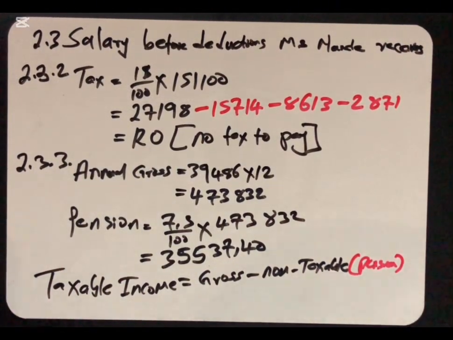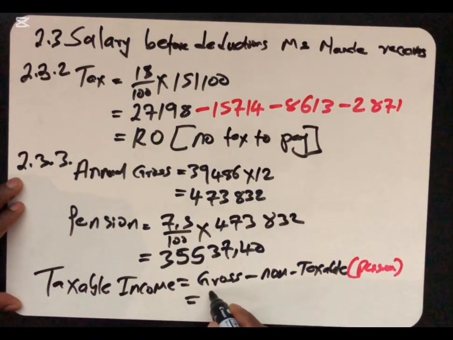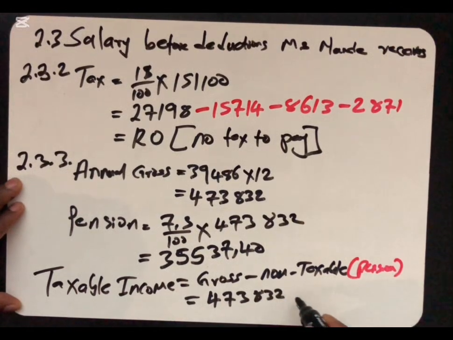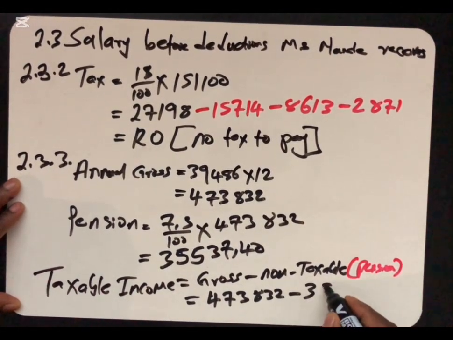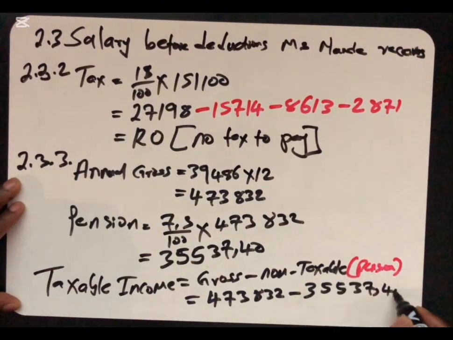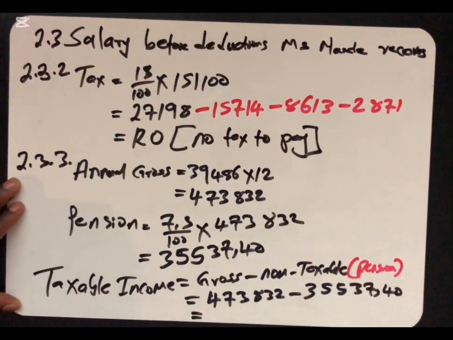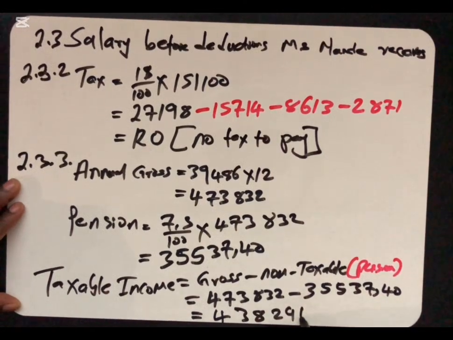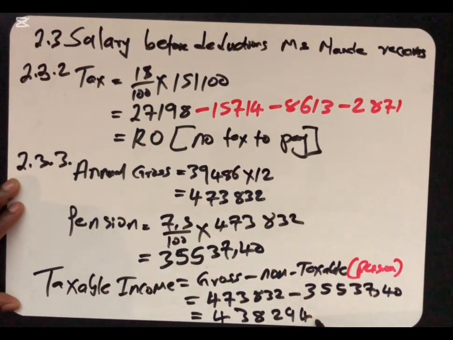We have calculated the gross income in the previous step, which was 473,832 minus the non-taxable, which is the pension fund, which is 35,537.40. Then the taxable income of this person is going to be 438,294.16.